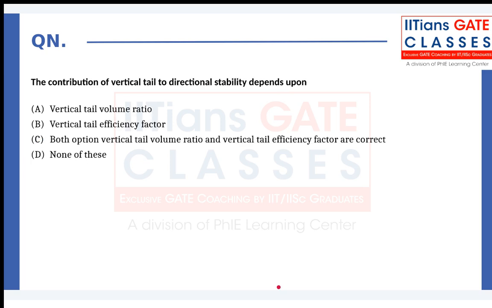The contribution of vertical tail to directional stability depends upon vertical tail volume ratio, vertical tail efficiency factor, both vertical tail volume ratio and efficiency factor, none of these. What was the equation for Cn beta?